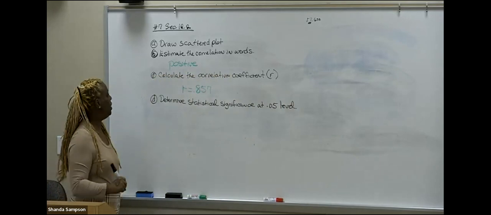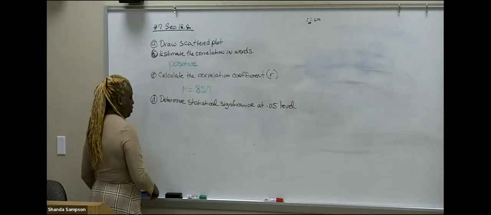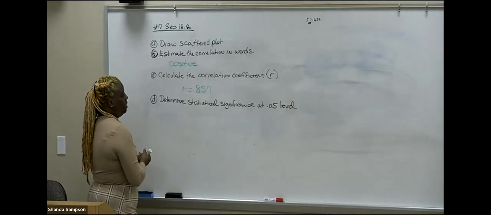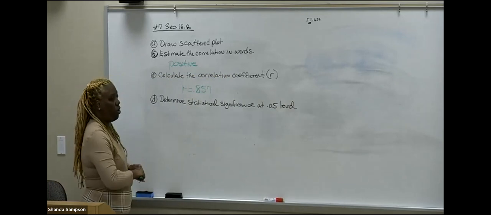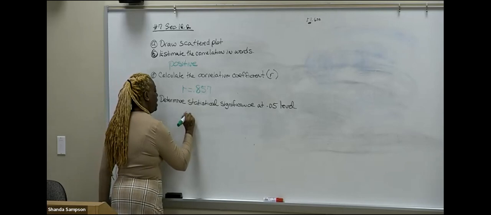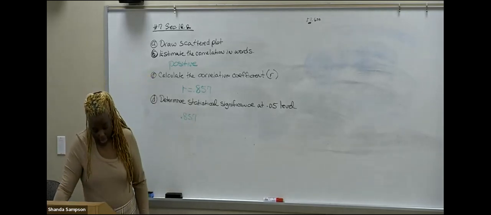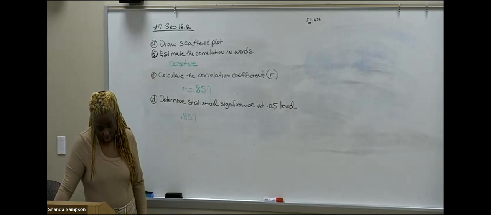We have R, 0.857, and this is what you need to show. I don't want necessarily just yes or no. I need to know what the number is.